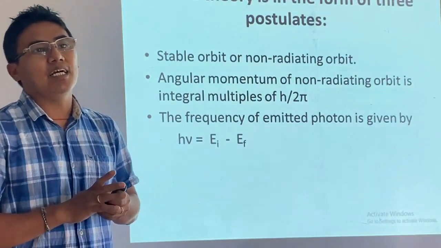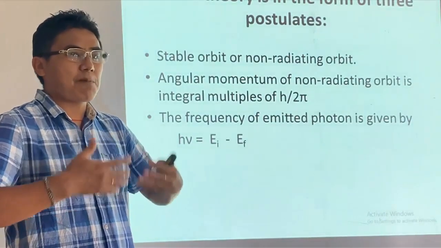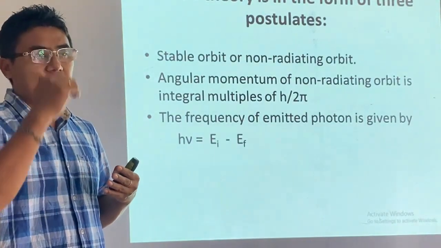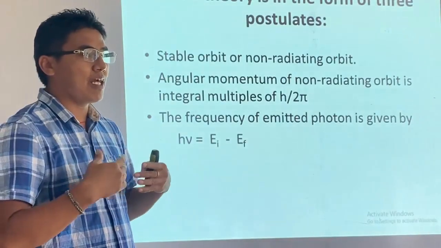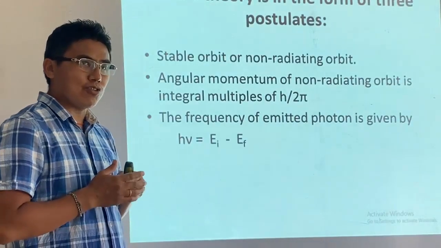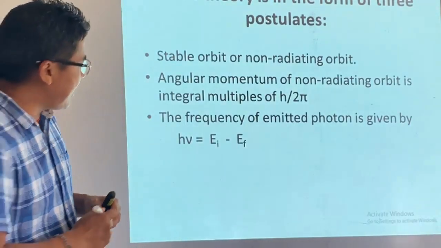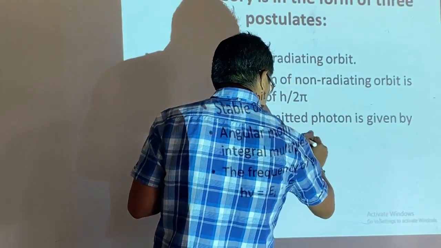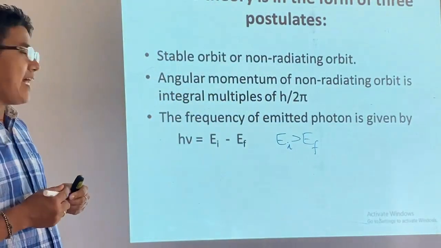He says that yes, there can be line spectra for hydrogen atoms, and the line spectra of hydrogen atoms are due to the transition of an electron from a higher energy level to a lower energy level. When the electron jumps from a higher energy level to a lower energy level, the electron emits a photon, such that the frequency of the photon is given by this equation, where E_i is the initial energy, which is more than the final energy, nu is the frequency, and h is the Planck constant.